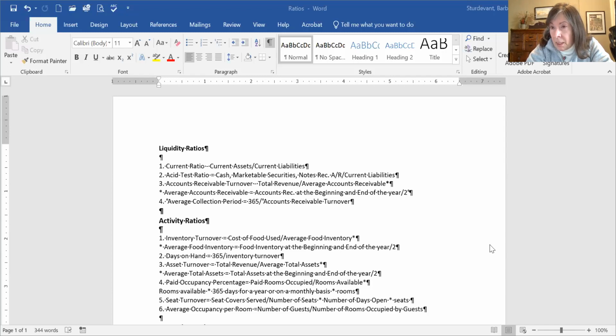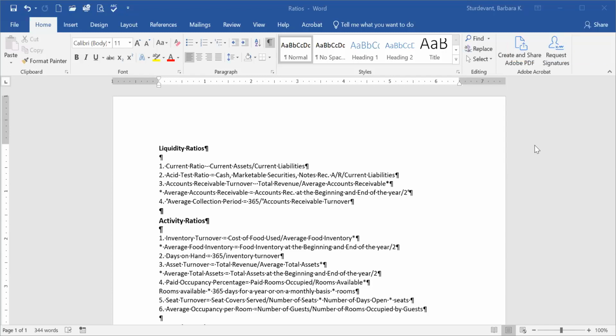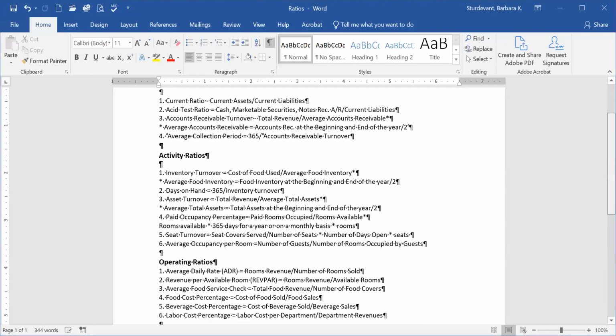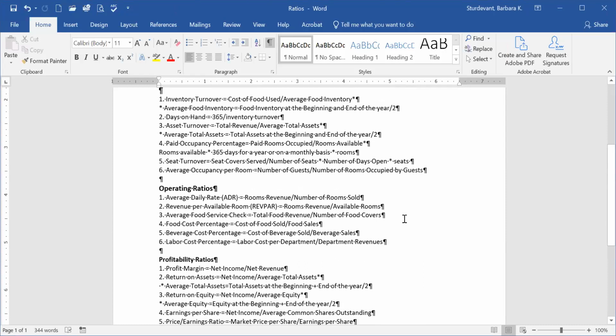The only thing is I made one little correction on it that you probably should do. It'll just make it easier for you. Down here, if you print this off, under operating ratios, RevPAR was not on there. So just insert that in there so that you remember what that is. So this is what I'm going to go by.